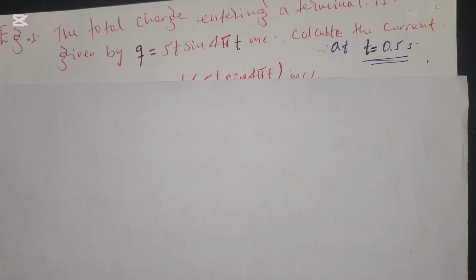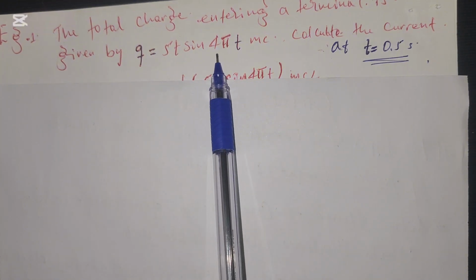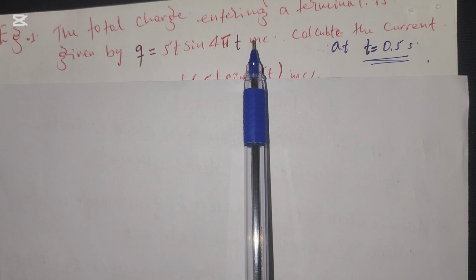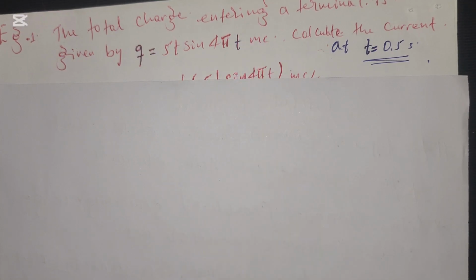The first example says that the total charge entering a terminal is given by q equals 5t sine 4 pi t millicoulomb. So the charge is given as a function of time. We are asked to calculate the current at t equals 0.5 second.